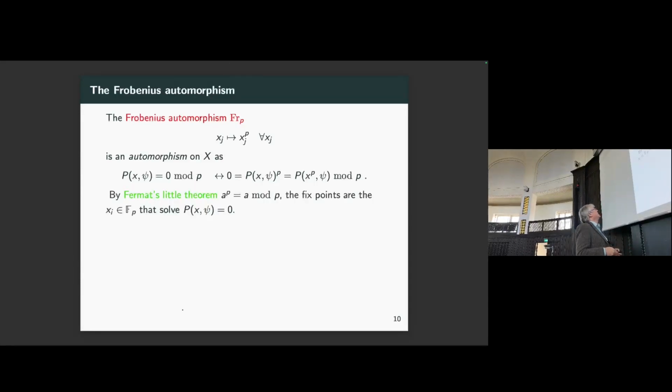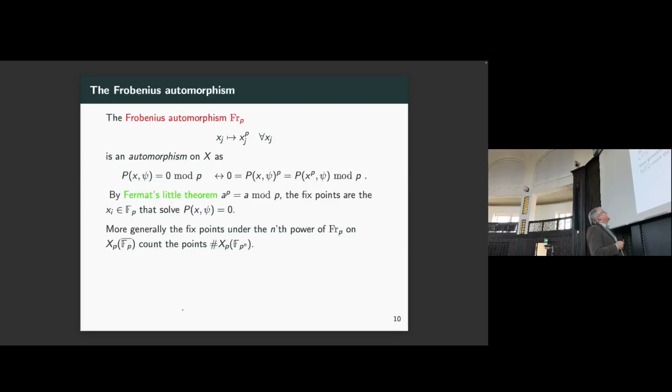This is just by Fermat's little theorem, so you can see that this is actually true. And so there's a huge action of the Frobenius, of F_p. And more generally, the fixed points of the n-th powers of F_p count these points.